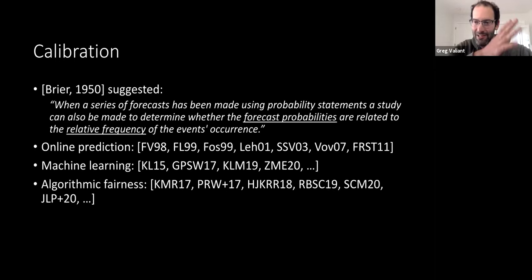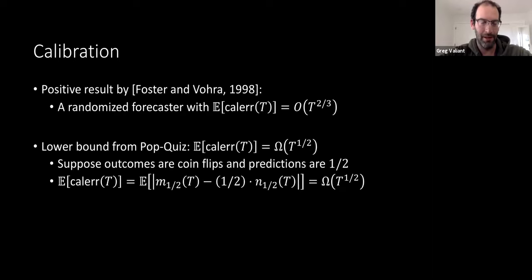In the simple binary sequential setting, we still don't understand how to make the best calibrated predictor. In this sequential setting of length capital T, a paper of Foster and Vohra in '98 gave a very simple randomized forecaster that achieves calibration error of the overall sequence length, capital T, to the 2/3.